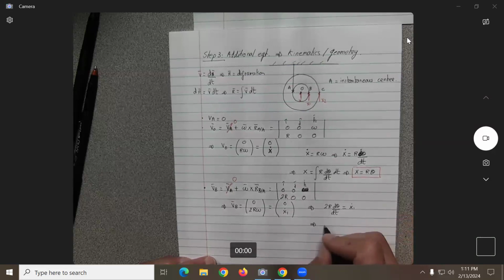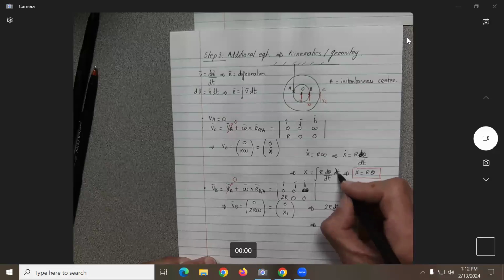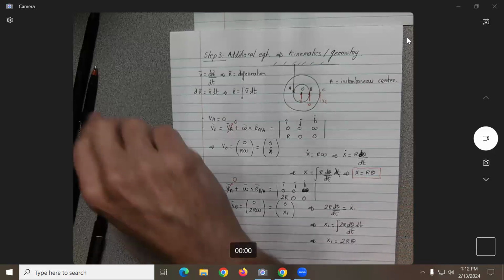So we can say that x1 is equal to the integral of 2r d theta dt times dt. This cancels this one. So this will give you now that x1 is equal to what? 2r theta.